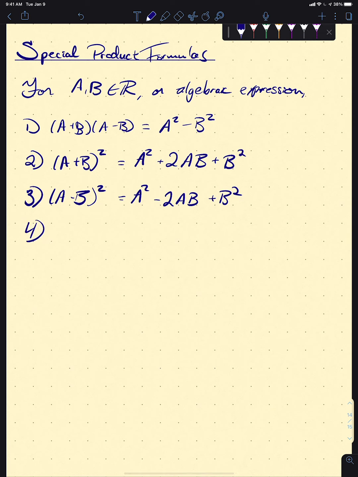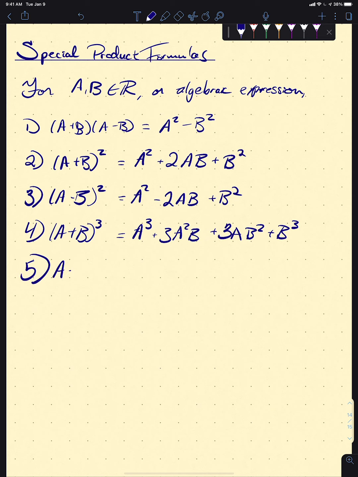Going forward, we have our next one. Let's say we have A plus B cubed. Well, that starts similarly. This is A cubed plus 3A squared B plus 3AB squared plus B cubed. What if we have A minus B cubed?